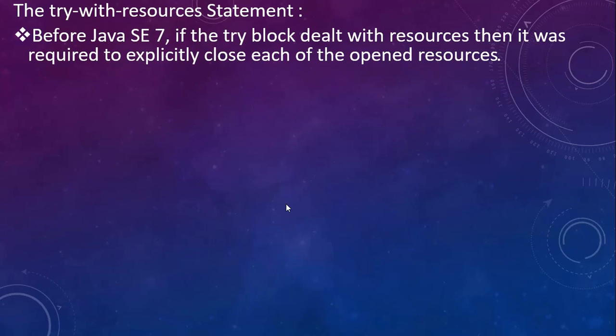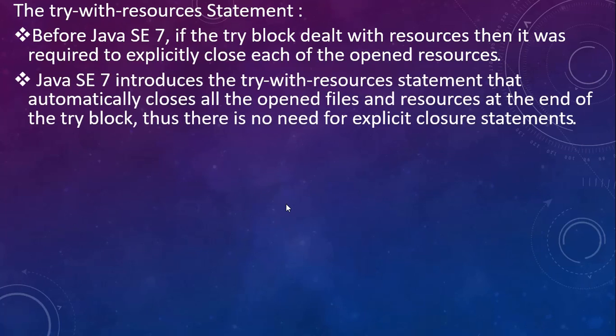Before Java SE 7, if the try block dealt with resources, then it was required to explicitly close each of the open resources. Java SE 7 introduces a try-with-resources statement that automatically closes all the open files and resources at the end of the try block. Thus, there is no need for explicit closure statements.